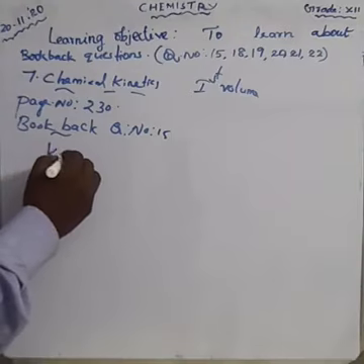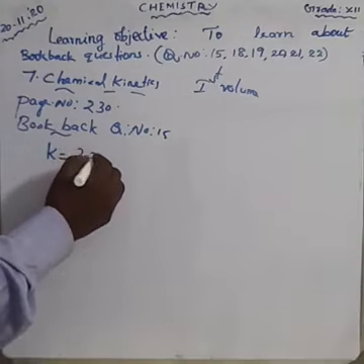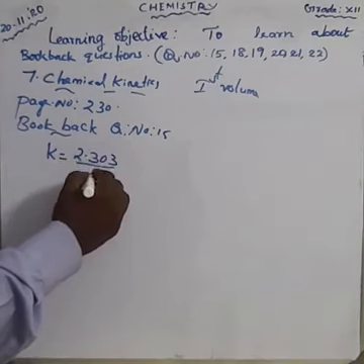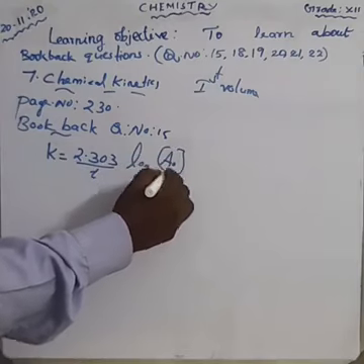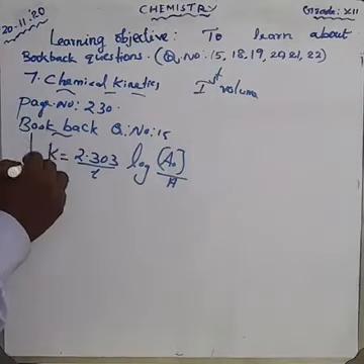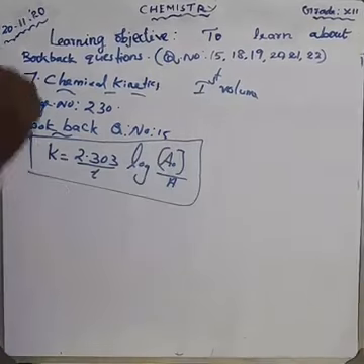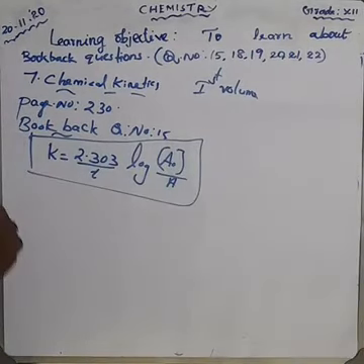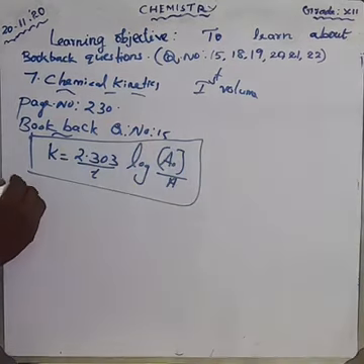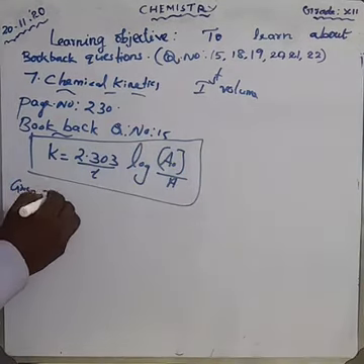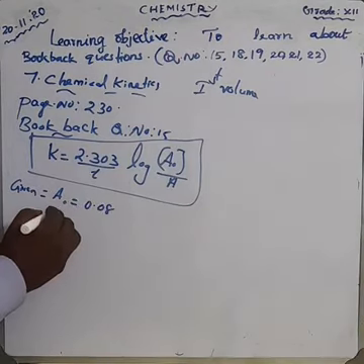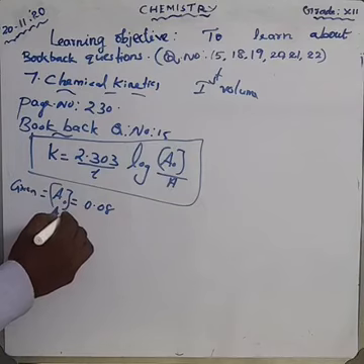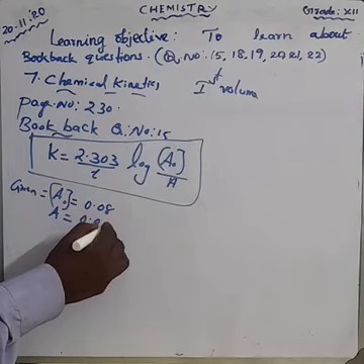K is equal to 2.303 divided by t, log a naught by a. This is the formula. Here, a naught is given as 0.08 and a is 0.04.